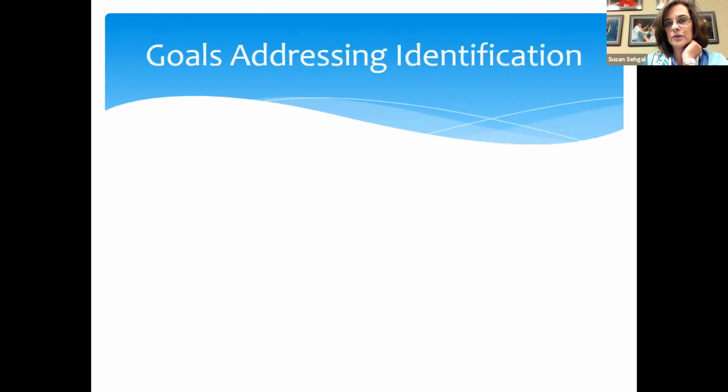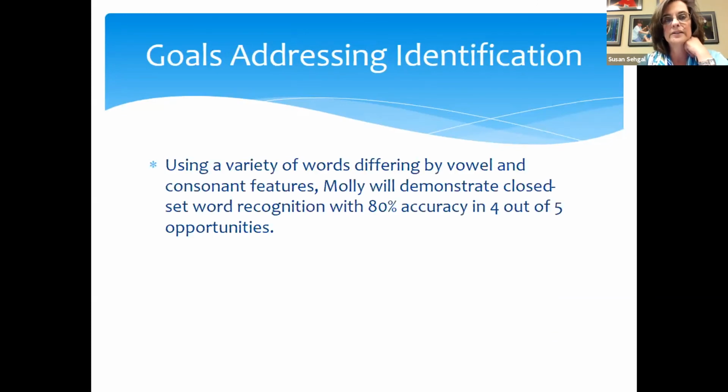So let's look at some goals that we might have for addressing identification. I think the Auditory Learning Guide is a good resource for coming up with word identification tasks. So one example might be using a variety of words differing by vowel and consonant features. Molly will demonstrate closed set word recognition with 80% accuracy in 4 out of 5 opportunities.